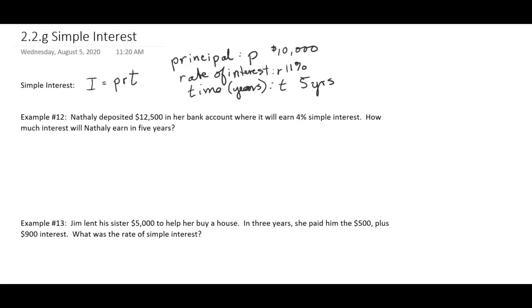To find the amount of interest that you're going to pay, you take 10,000 and multiply it by 11%. You have to change that to a decimal, 0.11. And then you multiply that times the 5 years that you're going to have that loan for. You pull out a calculator and plug that all in.